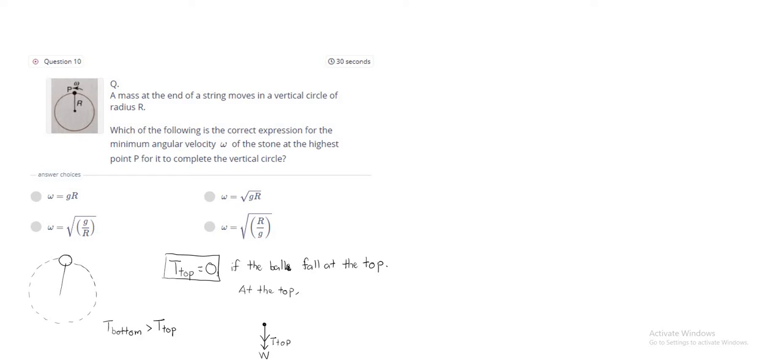If you do the equation, the sum of F in the y direction is equal to ma_c. Weight and T top are involved in order to get ma_c. They are in the same direction towards the center of the circle. The centripetal acceleration is in this direction, so we add these two things up.